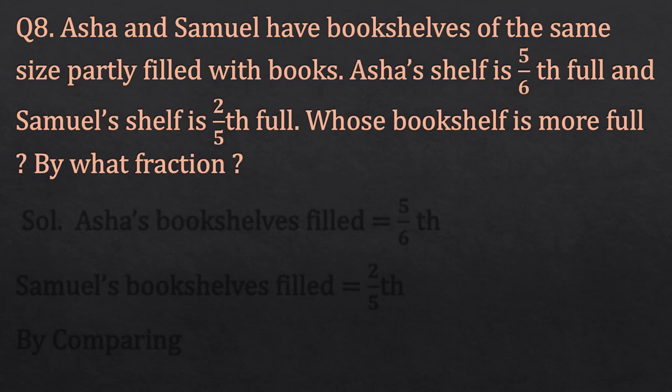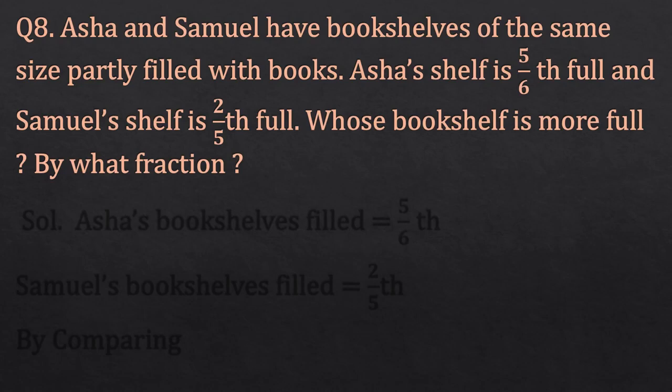They are not fully filled. Of the complete bookshelf, Asha's shelf is 5 by 6 full and Samuel's shelf is 2 by 5 full. Whose bookshelf is more full and by what fraction? This is the same as question number 9. That's why I have done one for you.